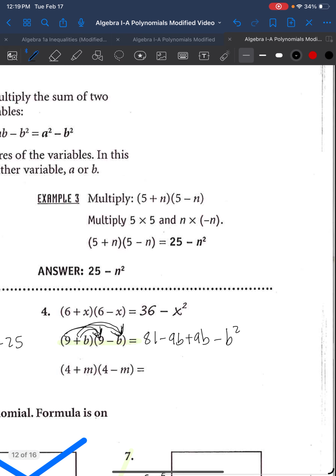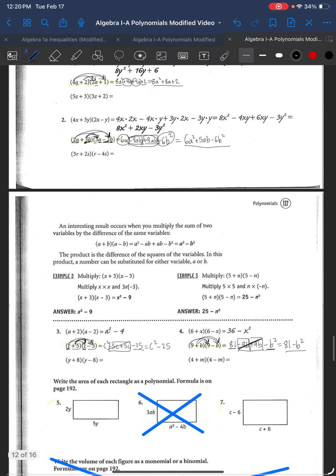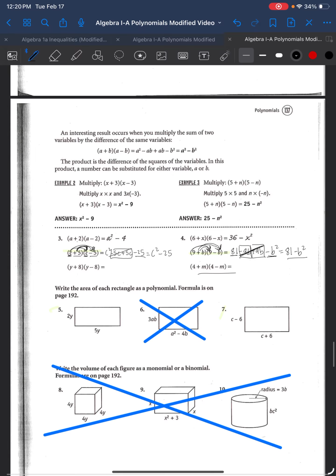When I look at what I can combine, there's nothing to combine the 81 with, so I just write 81. Negative 9b plus 9b, those cancel each other out. Negative 9 plus 9 is just 0. And then I have the negative b squared to still write. And this is the answer. All right, so try to do the same things with the last parts of those problems.